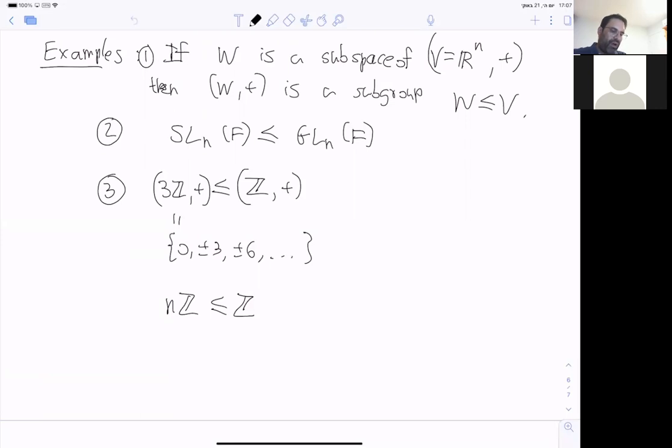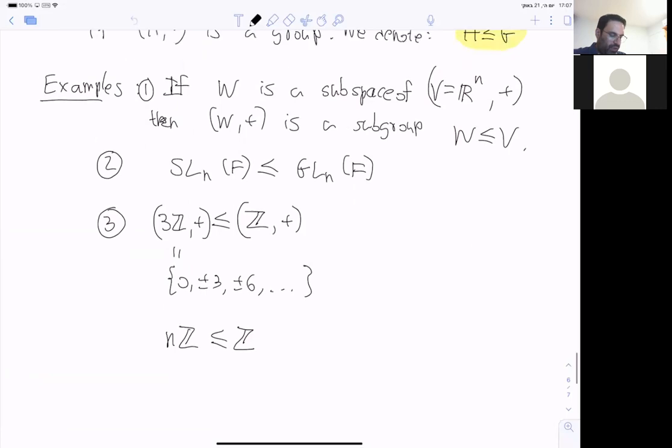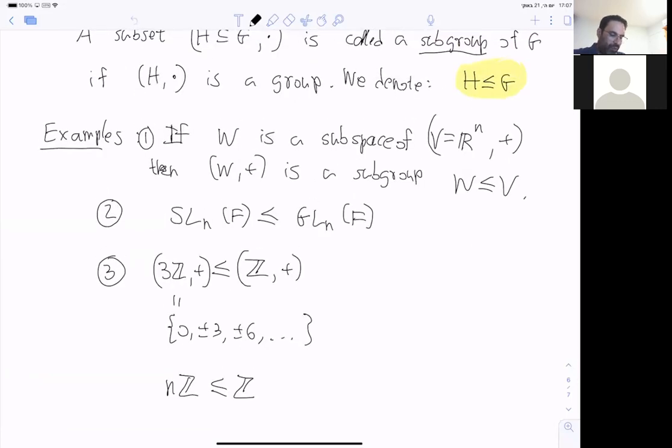And if all elements commute with respect to the operation, it will be commutative, or in our name, abelian. And we have seen some examples, also examples of subgroups.